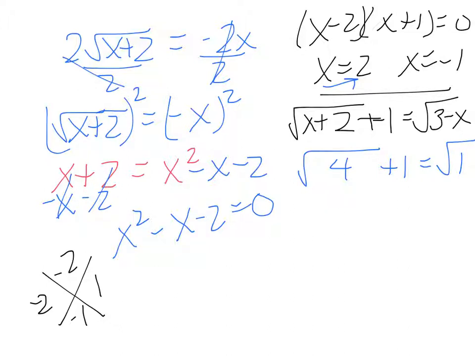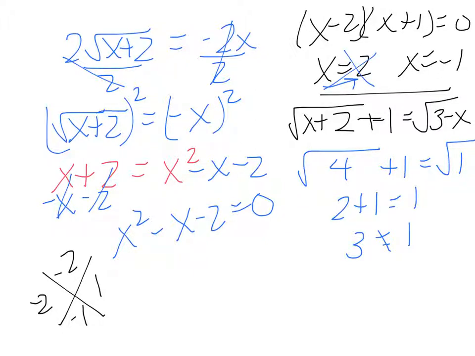So this will give us 2 plus 1. 2 plus 1 is 3, and then over here we'll get 1, which is not equal. So 2 is an extraneous solution.